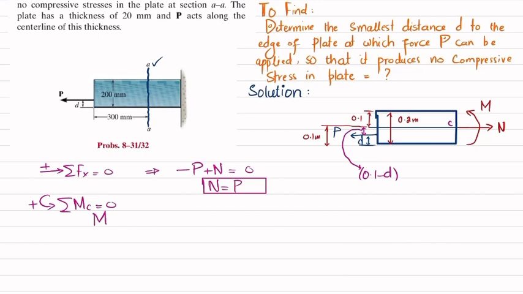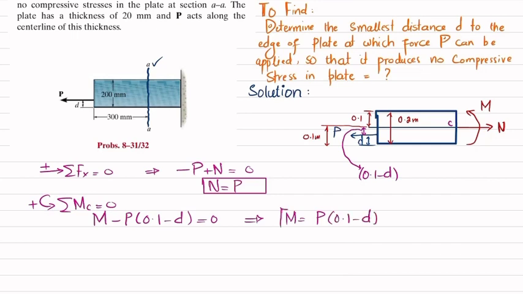The other moment is this force times the perpendicular distance, and this is producing clockwise rotation, so it will be negative. So I will write M minus P into (0.1 minus D) is equal to 0.